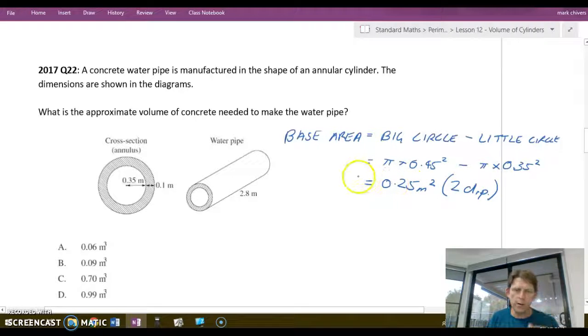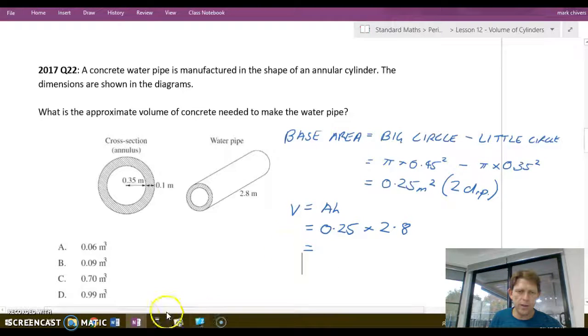So now that I know the area of this base, I need to multiply it by the height. So the volume is just going to be area times the height. Now I already know my area, that's that 0.25. And I'm going to multiply that by how long it is. Now we're all in meters here, so we can just multiply as is. And we've got 2.8 meters of height.